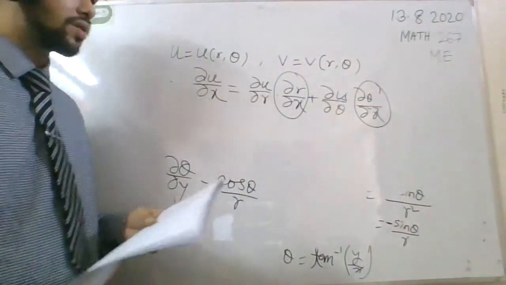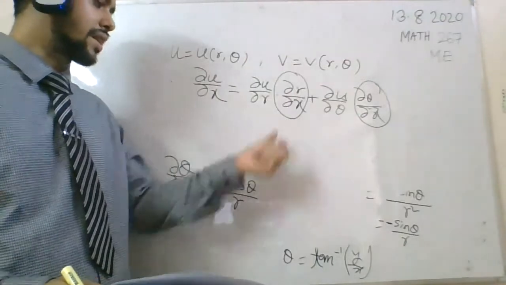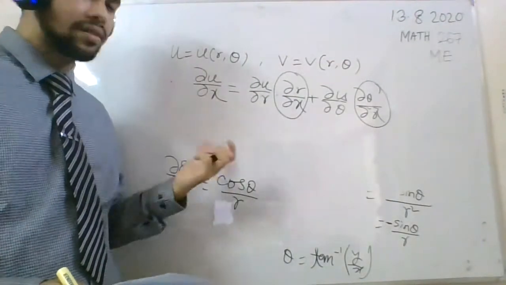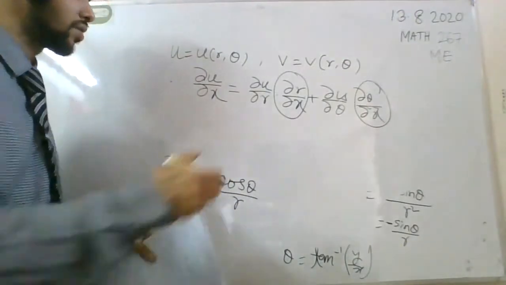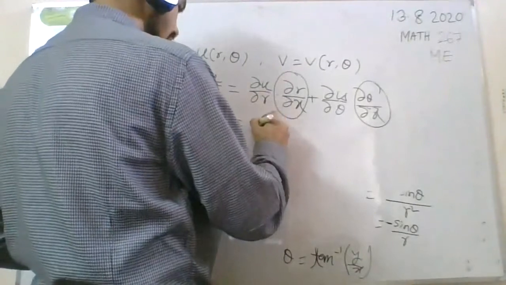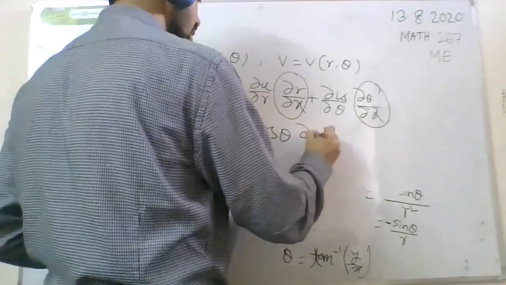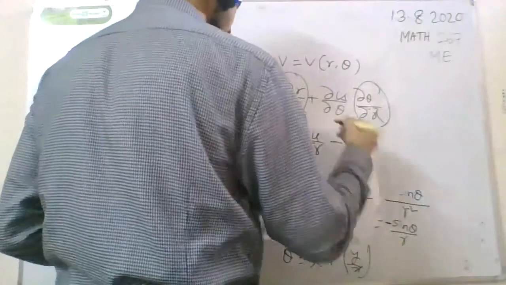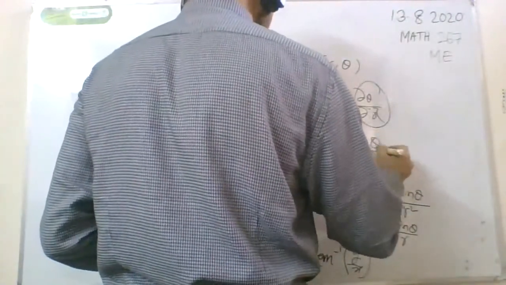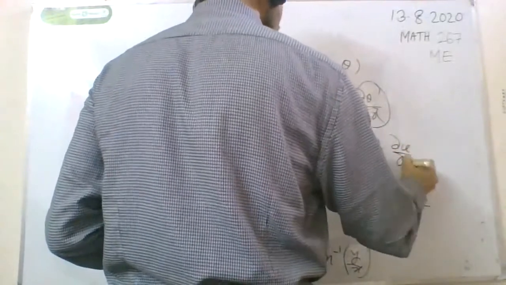So you know the values of del r by del x and del theta by del x. So just replace del r by del x by cos theta, del u by del r, and here minus sin theta by r, del u by del theta.